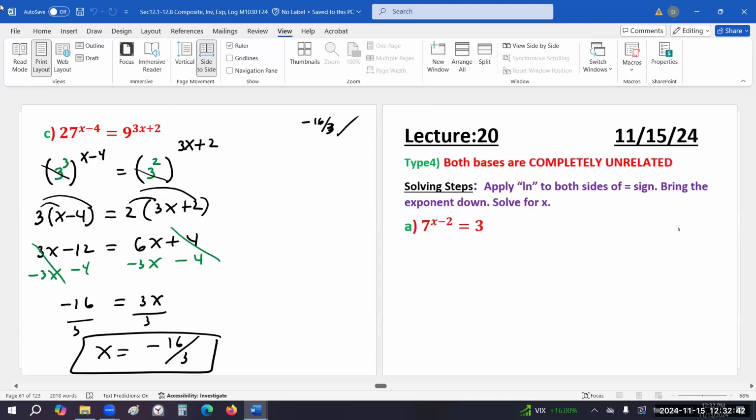Now comes the fourth type. We have two bases that are completely unrelated to one another, and they do not have any common base. So there is no way we can rewrite them. There is no way we can write the bigger one as a smaller one. Since we have this scenario, and also one more thing, that we have two bases, nothing else.